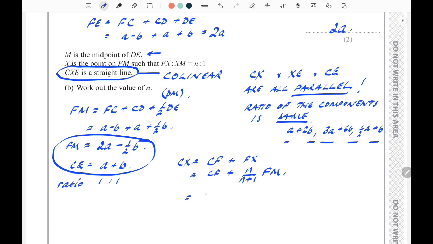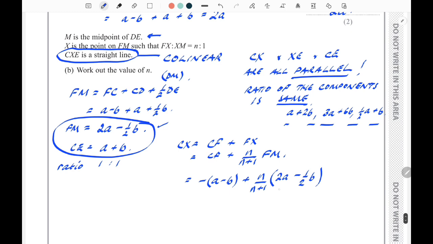C to F, we've already said, is minus A minus B, okay? Yeah, and don't worry, I will get rid of all the brackets and things. Then we have n over n plus 1 times FM. Remember, we worked out what FM is, okay? There. So that's 2A minus half B, okay?